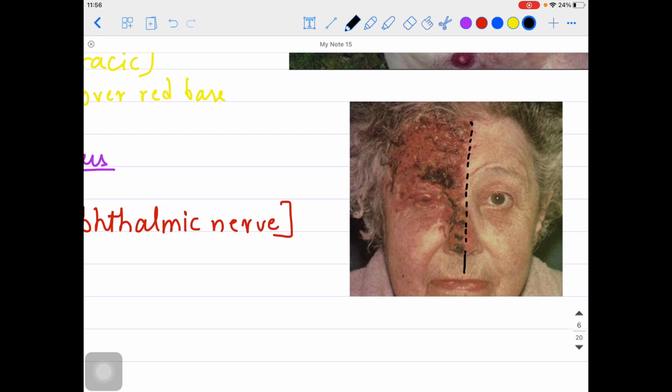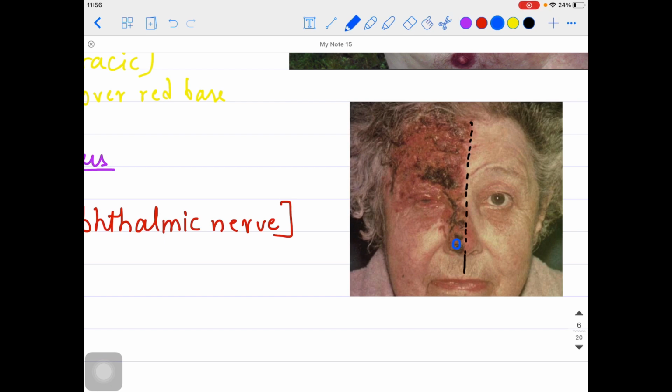Here one thing you need to understand: if the vesicles are involving the tip of the nose as well, then there is an increased chance that the cornea might be involved too. It means this is a severely affected eye in this case of the varicella zoster virus, right.